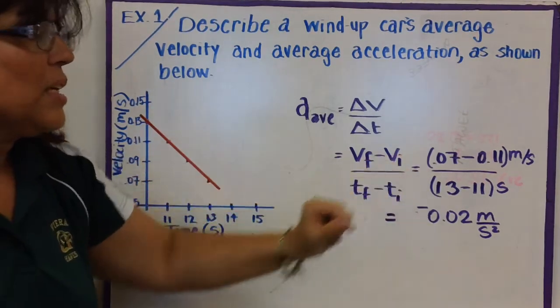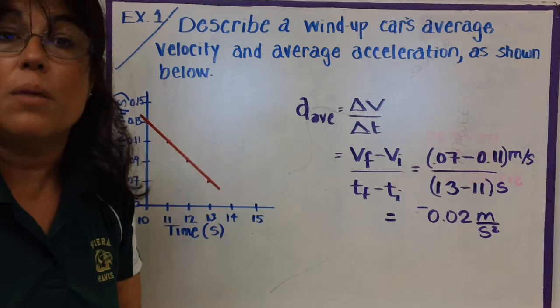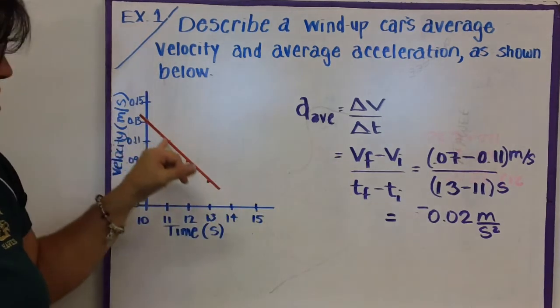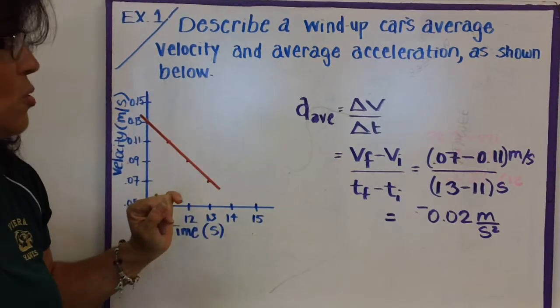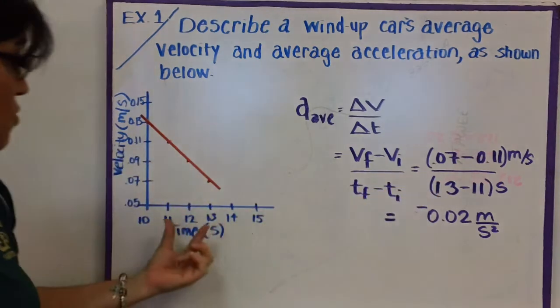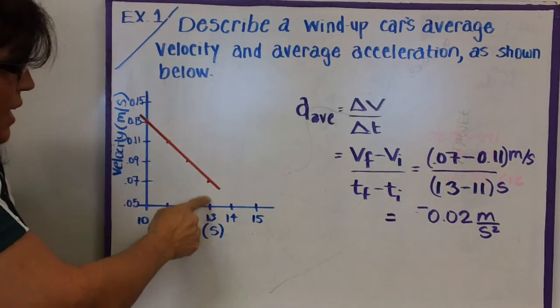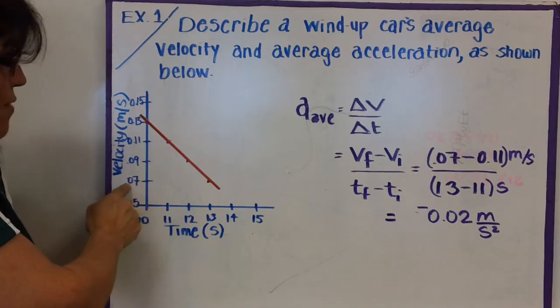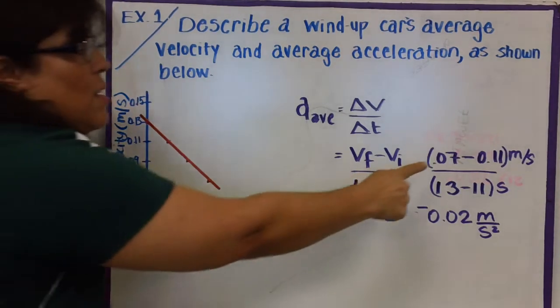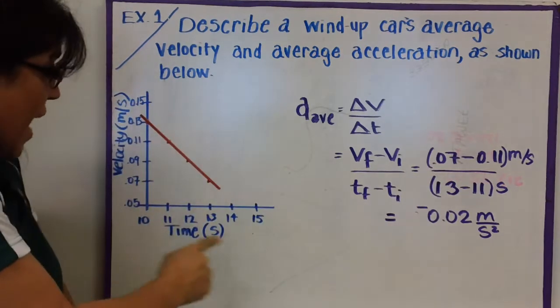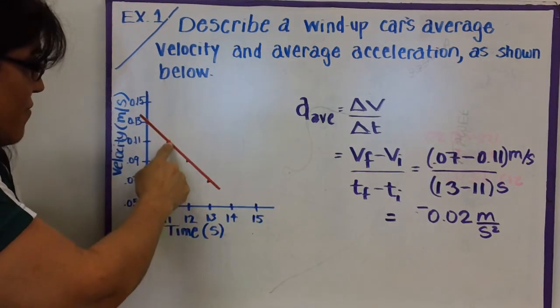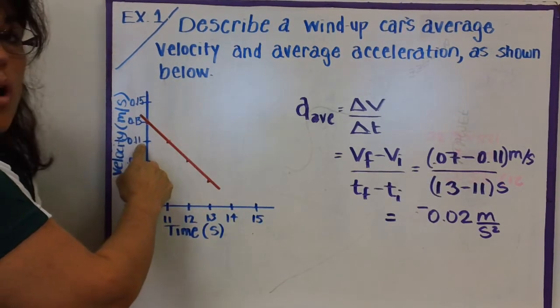Here I'm going to plug in numbers, and it really doesn't matter which numbers you choose, because the slope of this line is constant wherever you choose. I chose between 13 and 11 seconds. At 13 seconds, my velocity is 0.07. At 11 seconds, my velocity is 0.11.